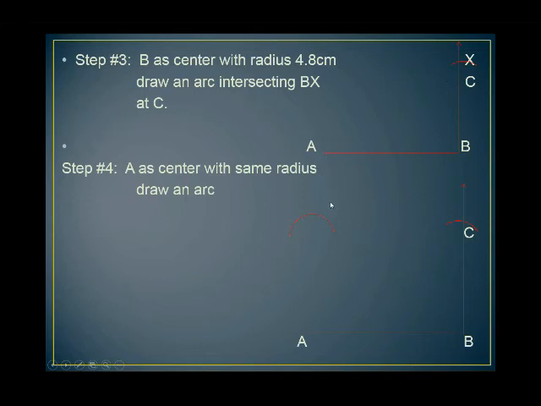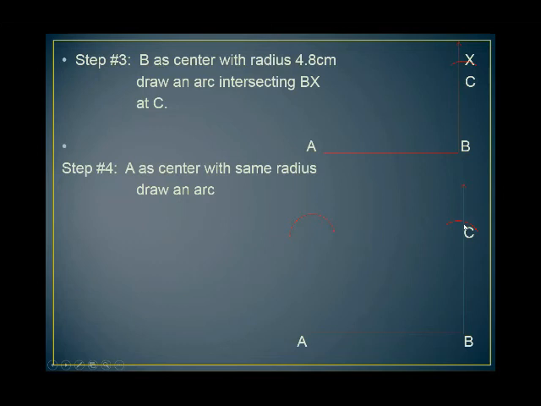Now, what will we do in the next step? Again, taking A as a center, we draw with the same radius an arc. And why do we take the same radius? Because we know that all the sides of the square are of the same length. And that's why we take A as a center and draw another arc.